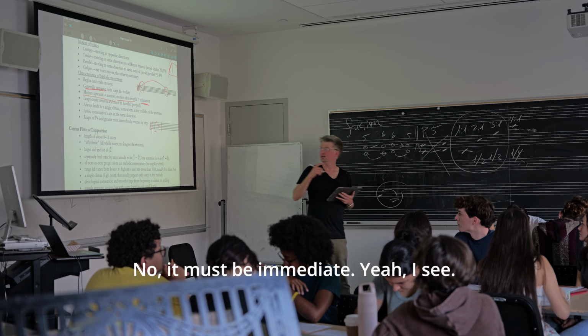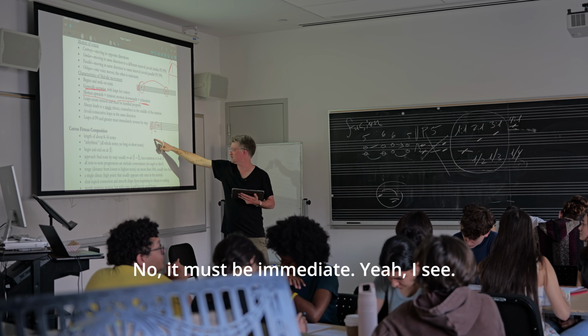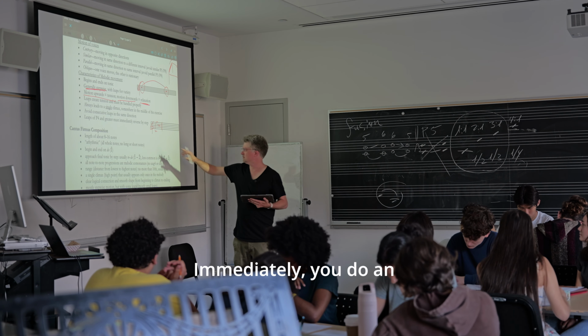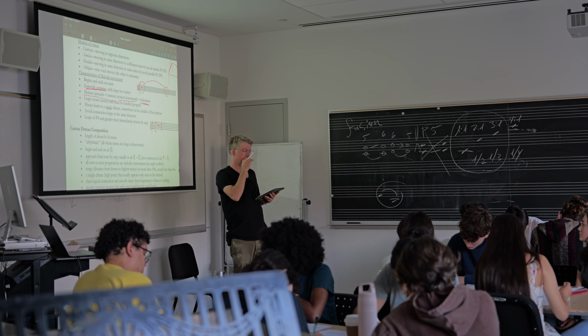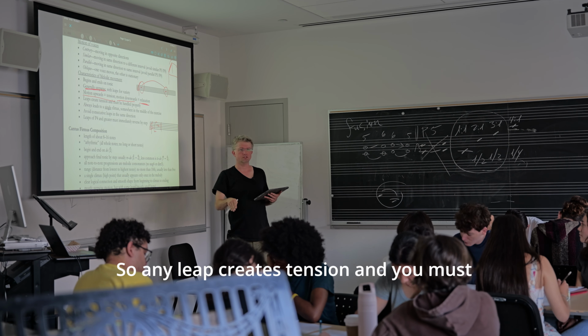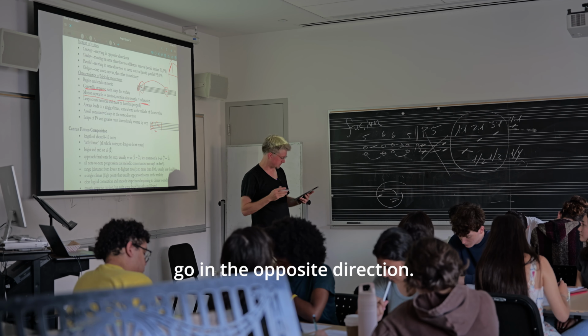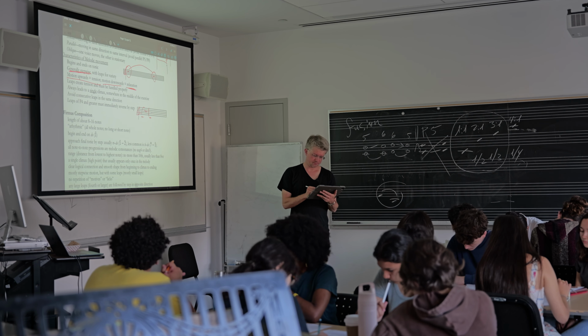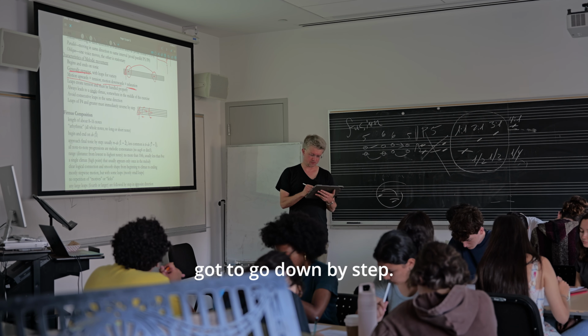No. It must be immediate. Yeah, I see. Like C, C, D, C. Immediately. You do an octave, gotta go back down. If you go down an octave, gotta go up. So any leap creates tension and you must go in the opposite direction. So sixth, same thing. Go up a sixth, you gotta go down by step.